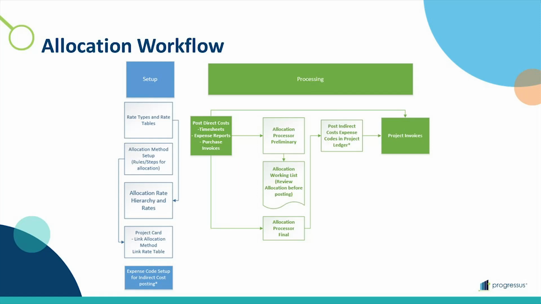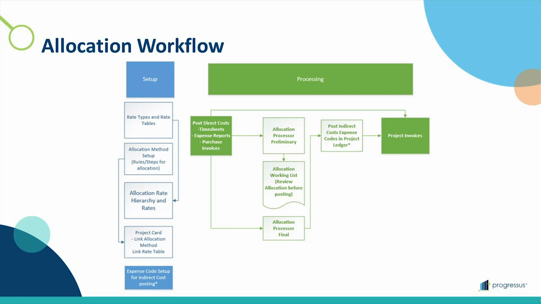From a processing perspective, the green box on the left shows that we'll get all of our transactions, labor, expenses, just as we do currently, collected. Then the boxes in the middle represent our process around generating those transactions.